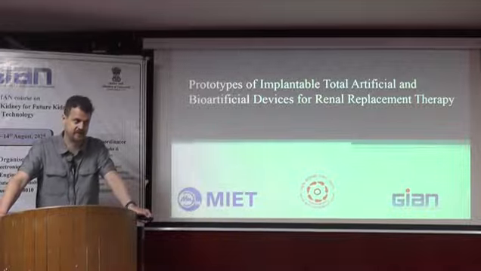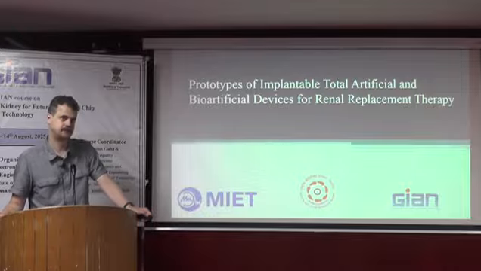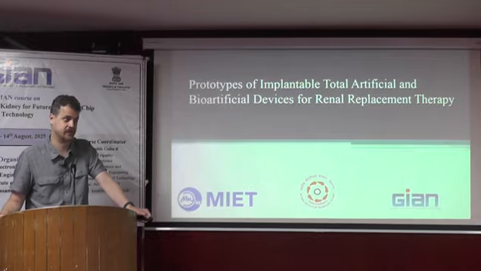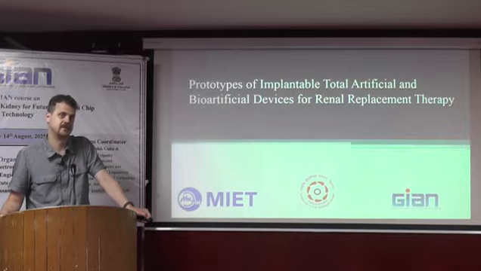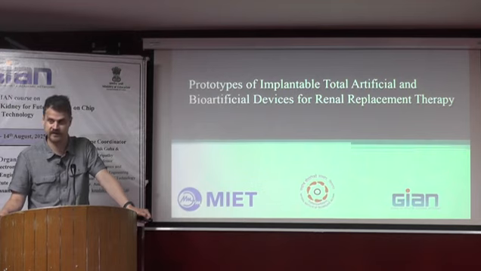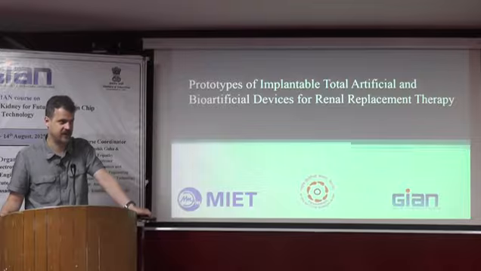That's why the patient will require renal replacement therapy in order to purify the blood of uremic toxins and to excrete the excessive water and the uremic toxins from the human organism.